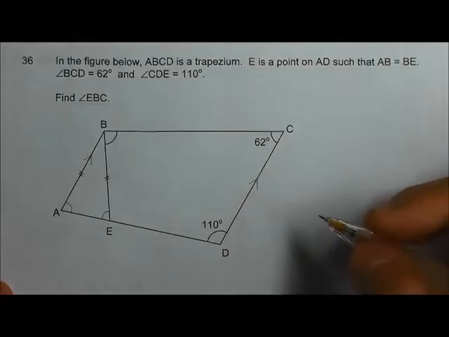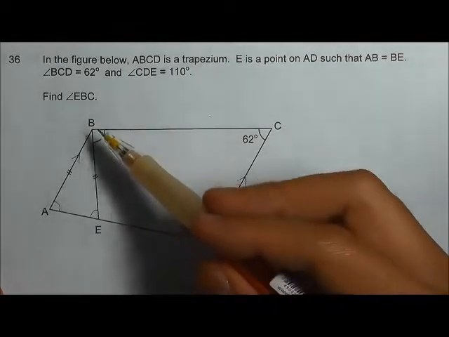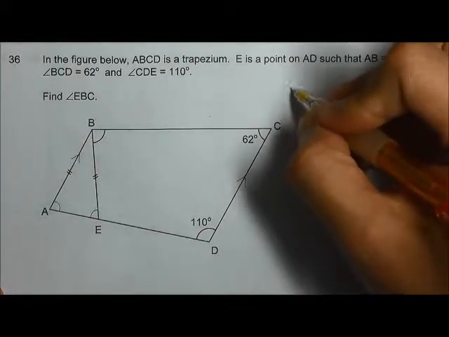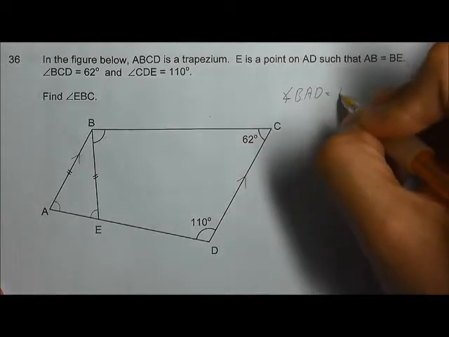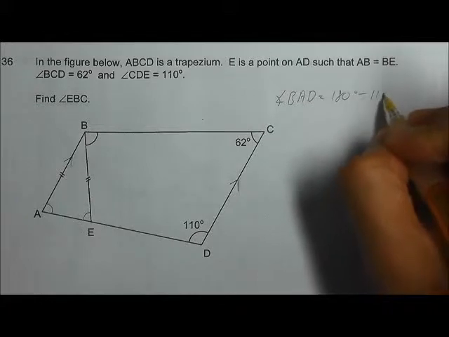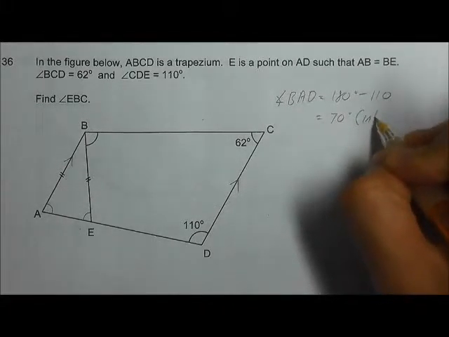Okay, so first of all, we can find out what angle BAD is. Angle BAD is equal to 180 degrees minus 110. That will give us 70 degrees because of interior angles.